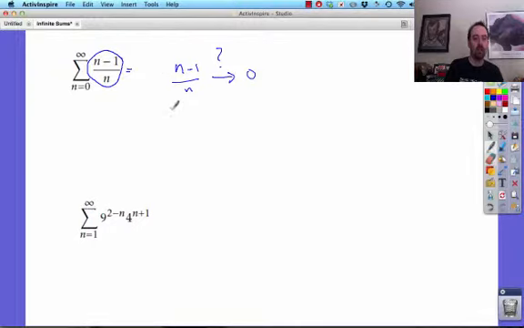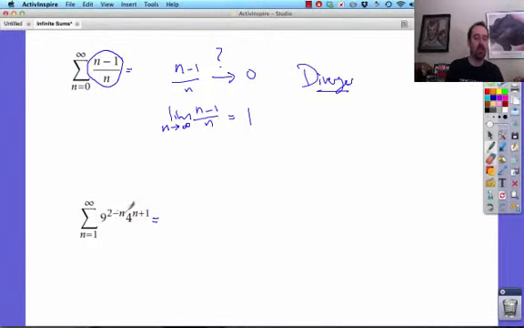Well, if we take the limit of this as a function, remember it should go to the same place, and this converges to 1. So since this sequence does not converge to 0, this series cannot converge. This diverges.